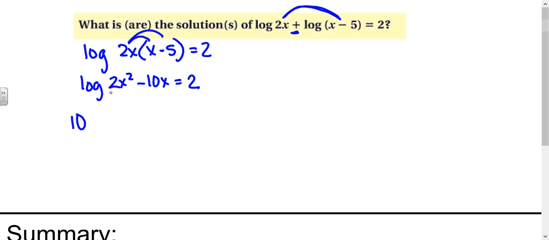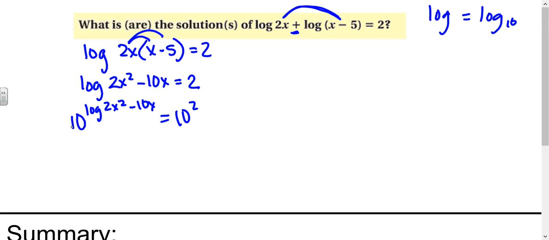Remember, log is the same as log base 10. So I'm going to exponentiate everything else. So then the log and the 10 cancel each other out. So I get 2x squared minus 10x equals 10 to the second power, which is 100.